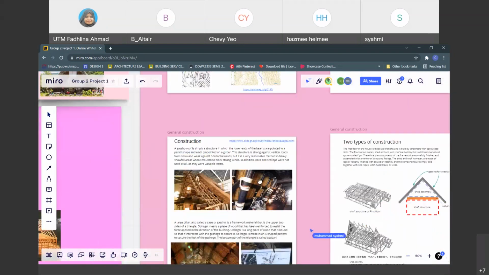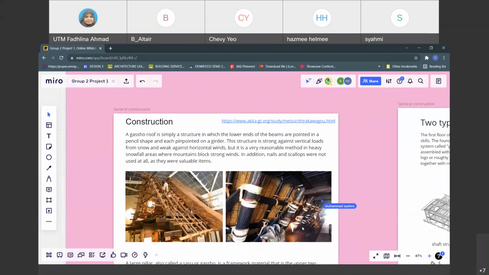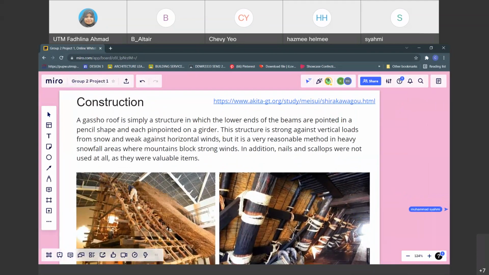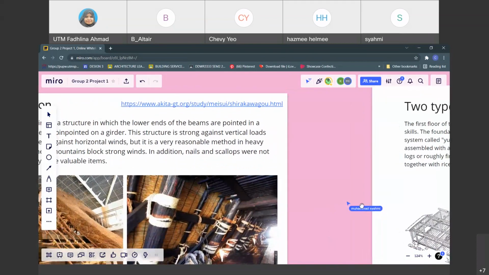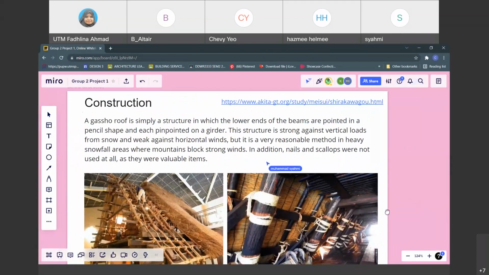Next, for the construction. Are they using this kind of gassho roof? Can you hear me?